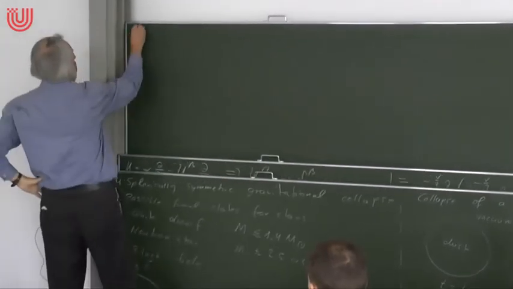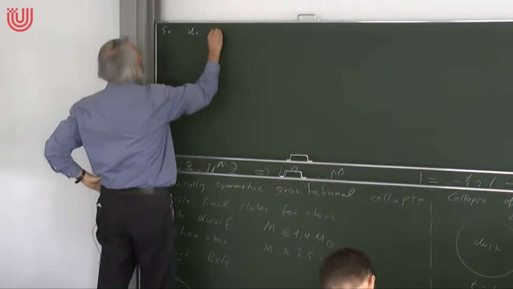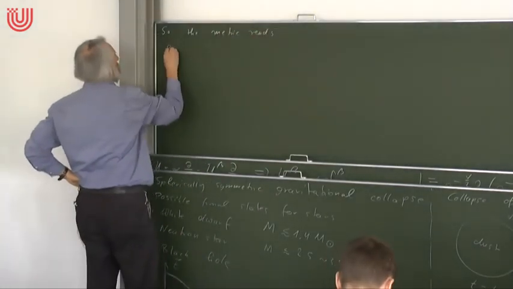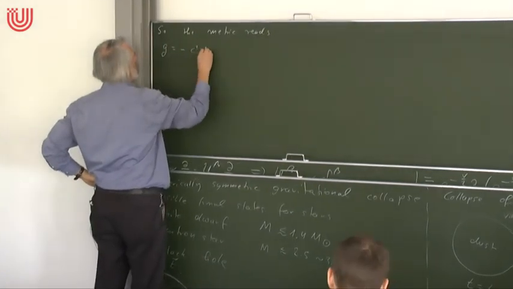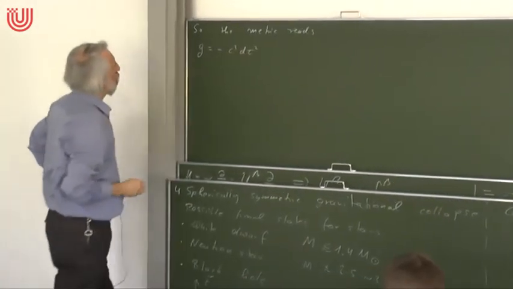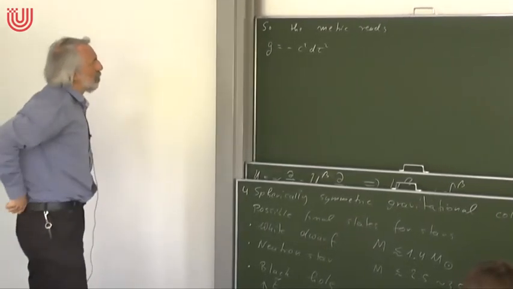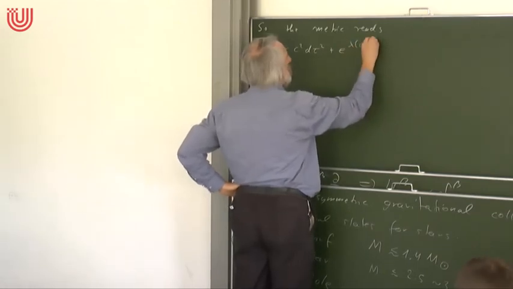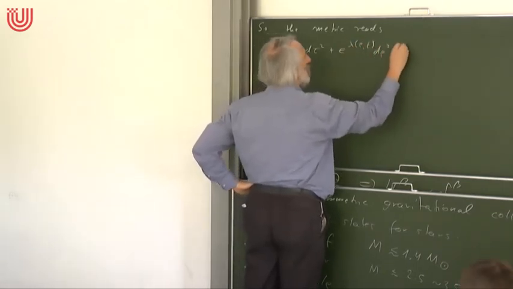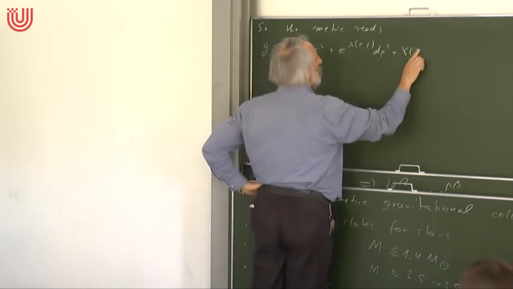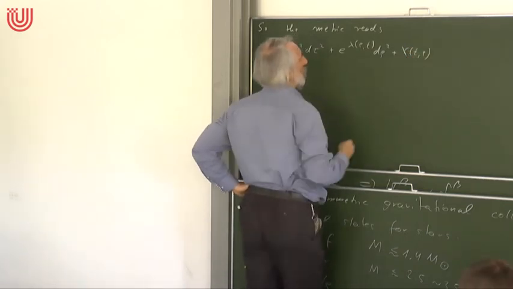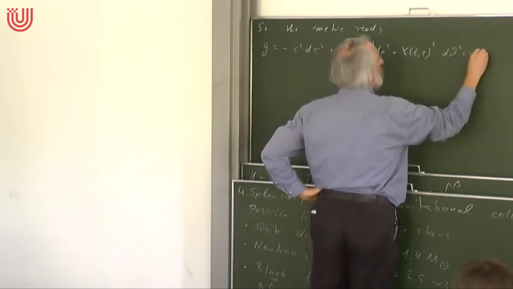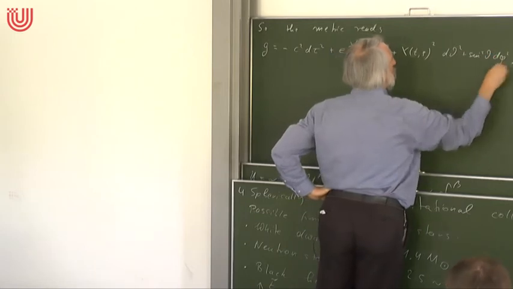So the metric reads now what? And that's the form of the metric which we'll use for solving the field equation. We have just minus c squared d tau squared, and then e to the lambda of rho and t d rho squared plus y of rho, or I wrote it in the other way around, d theta squared plus sine squared theta d phi squared.